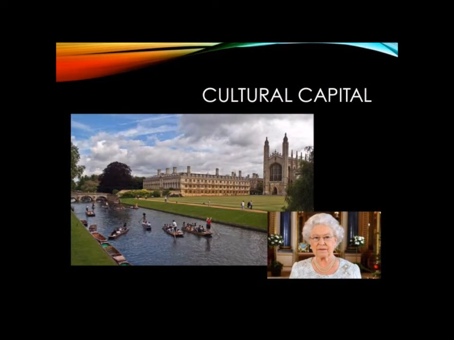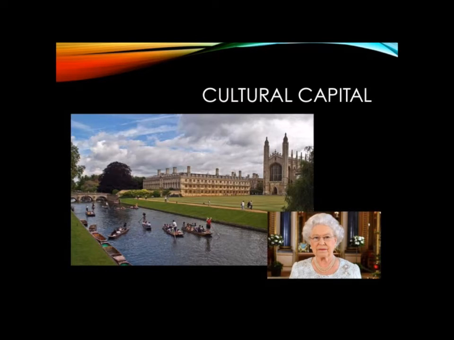So shall we move on to the next slide? Yeah. And so the final conceptual connection that we identified was cultural capital. Oh yes, and on the slide you can see a picture of the Queen. Why did you choose a picture of the Queen? Well, because quite a few people have come to my classes and said to me, "Oh, you're English, so that's great because I want to learn the Queen's English."